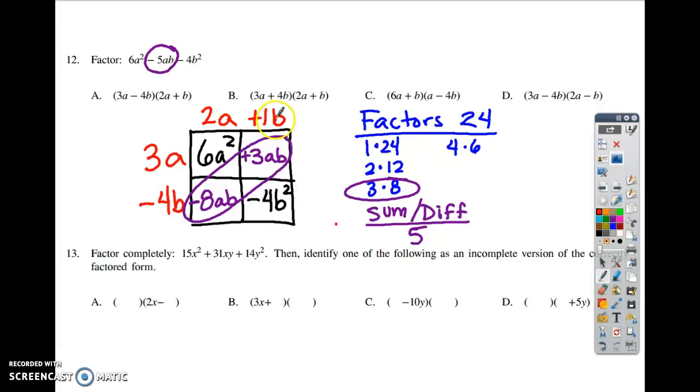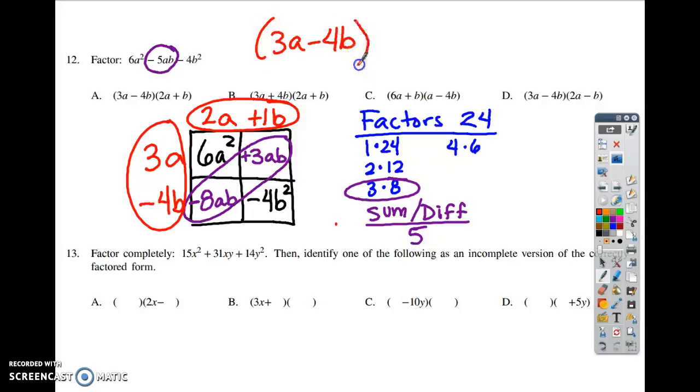And then if you multiply the last two, 1b times negative 4b gives you negative 4b squared. So the factors are 3a minus 4b and 2a plus 1b.